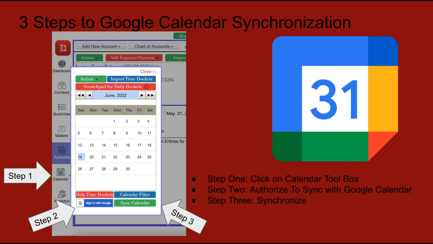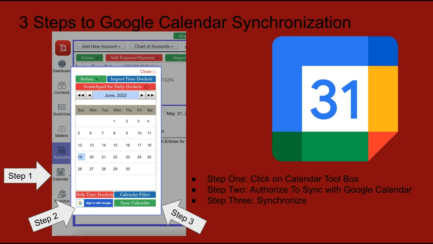You all know there's a calendar option in uLaw on the left-hand side, as you see here in the screenshot, right below accounts. When you access the tiny little drop-down where you see calendar, there is a place where you can sign in with your Google. You need to authorize and sign in, and then sync your calendar, which is step 3 on the right-hand side.